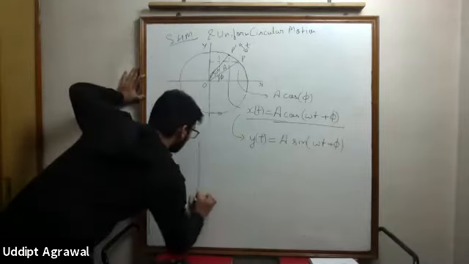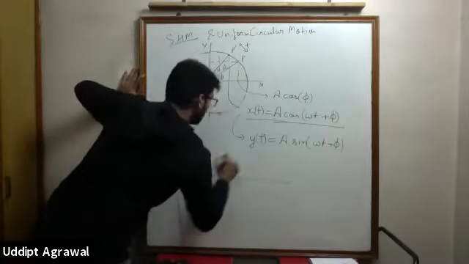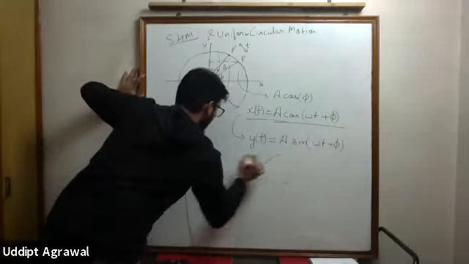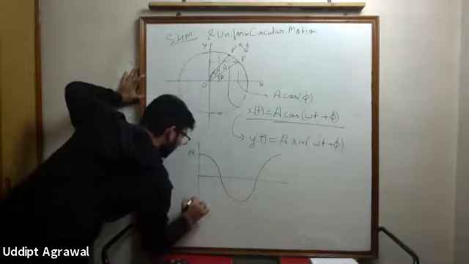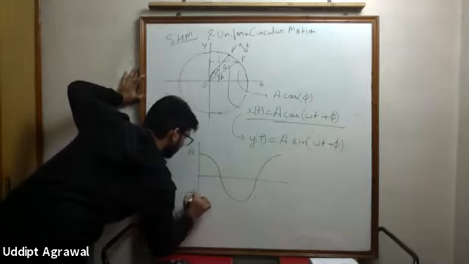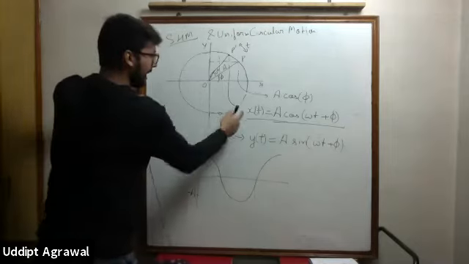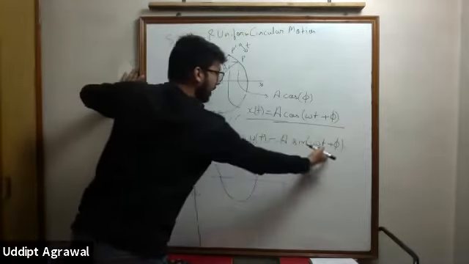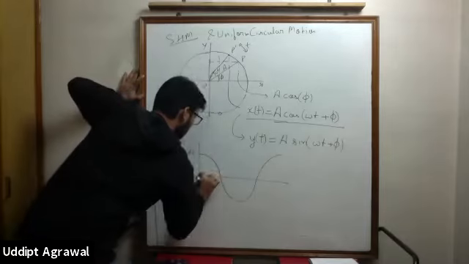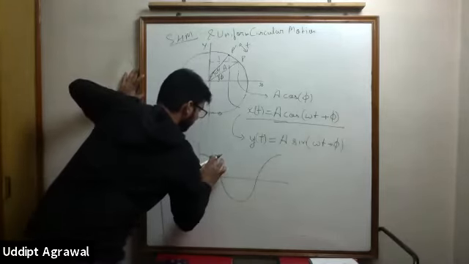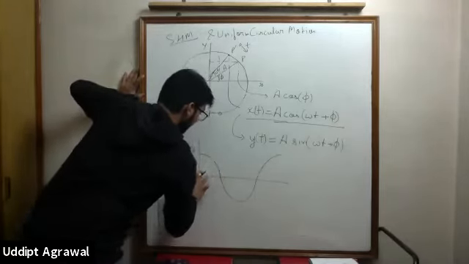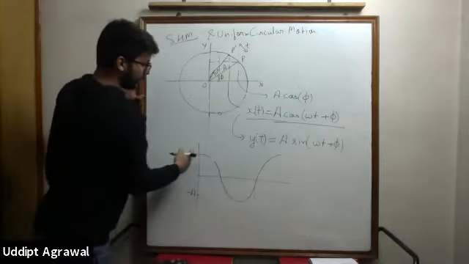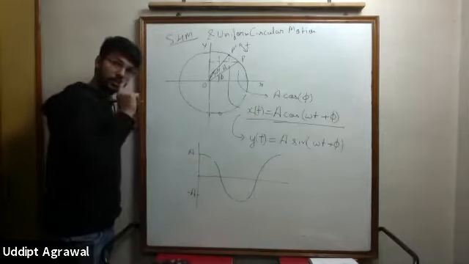If I make the sinusoidal wave of this, it will start from here and go like this, and this is A and this will be minus A. This is for x(t). And the sinusoidal wave of the y one, because sine 0 would be 0, will start from 0. Do you understand why I'm starting the cos function from the top?